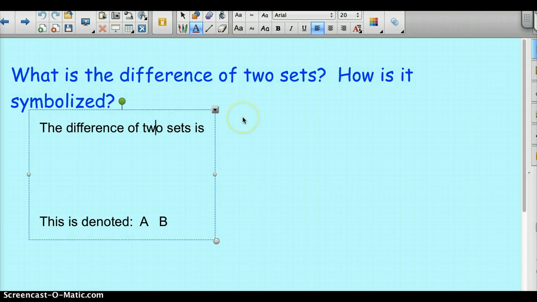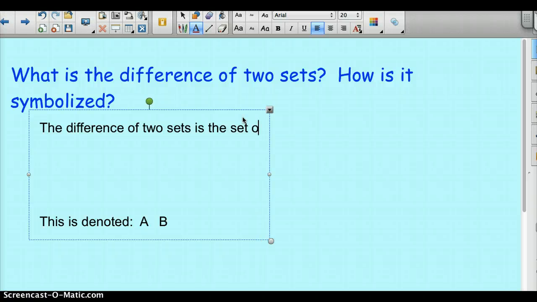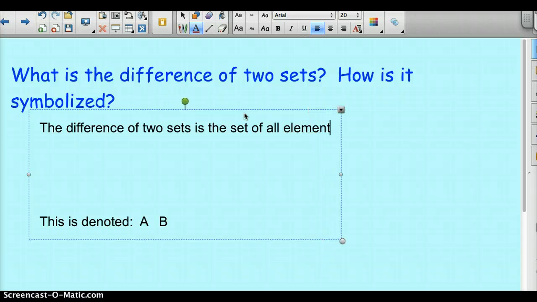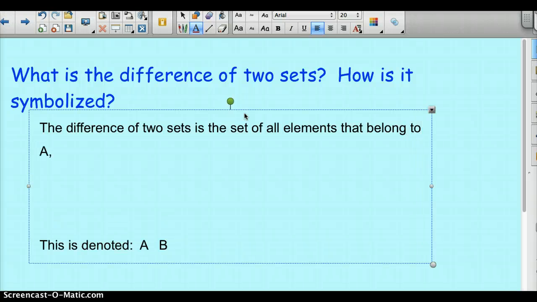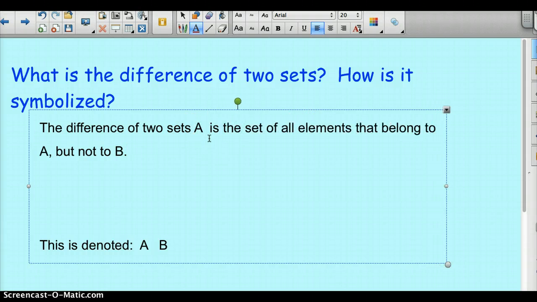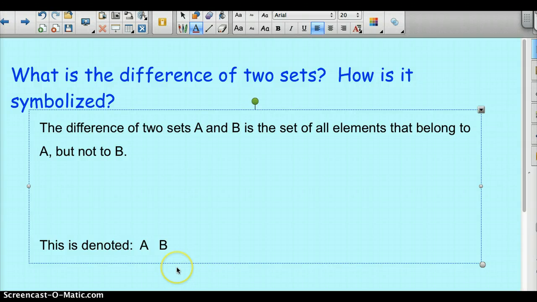The difference of two sets is defined as the set of all elements that belong to A but not to B. And when we're talking about this, this has to be the difference of two sets A and B. Now this is denoted as A minus B, just right here.